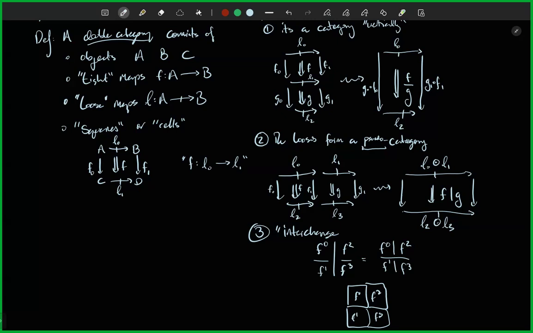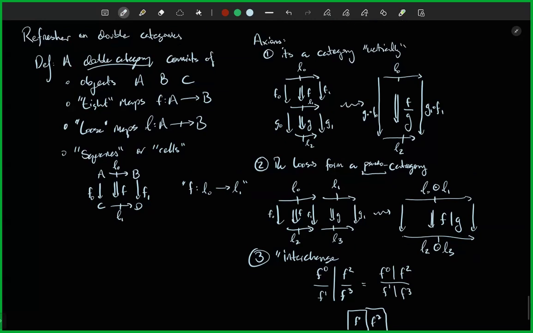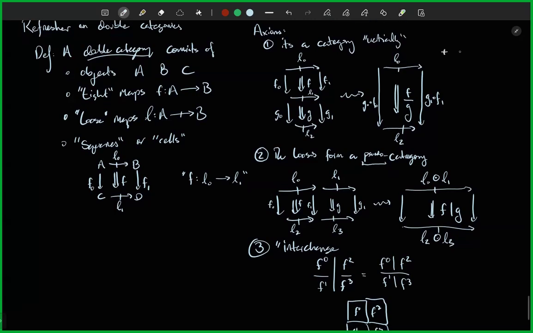What that means for the definition of a double category is that, in fact, it's plus associativity, associative and unital, like a category, right?